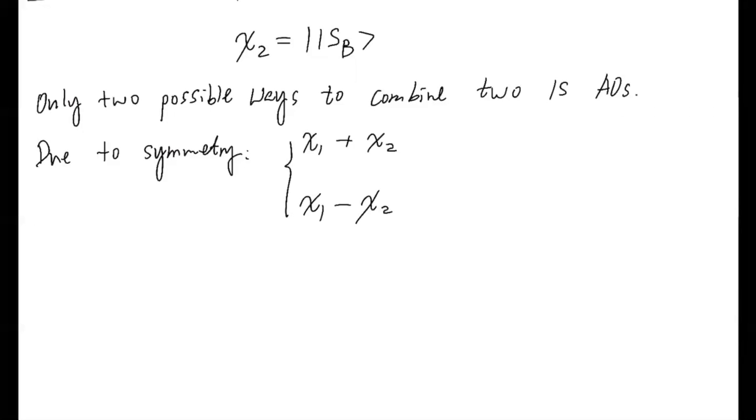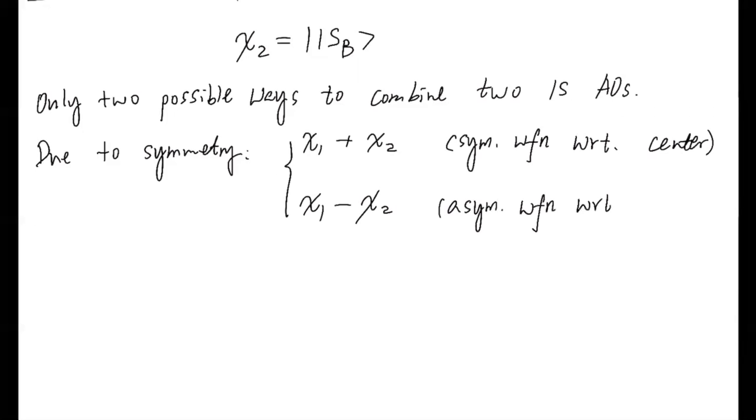Because the first combination gives you a symmetric wave function with respect to the center of the hydrogen molecule, and the second combination gives you an asymmetric wave function with respect to the center of the molecule. Because this problem is intrinsically symmetric, you only have two ways to construct your wave function.